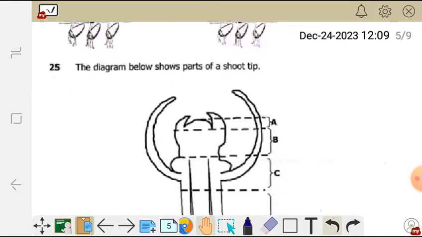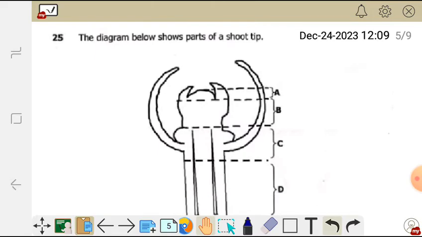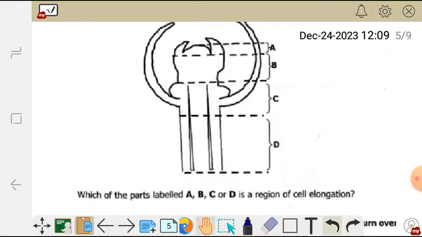Question 25. The diagram below shows part of a shoot tip. Which of the parts labeled A, B, C, and D is a region of cell elongation?